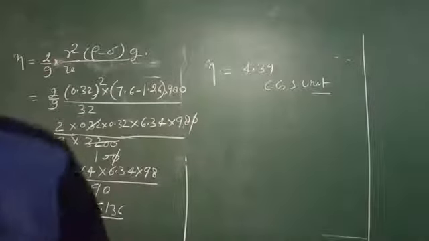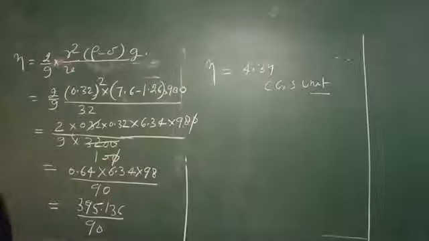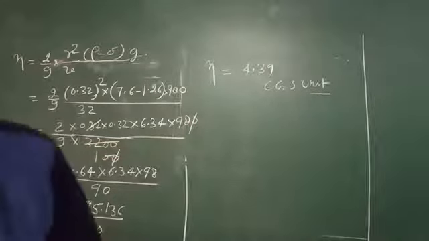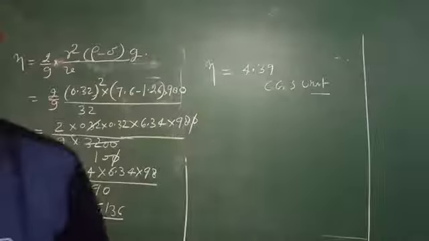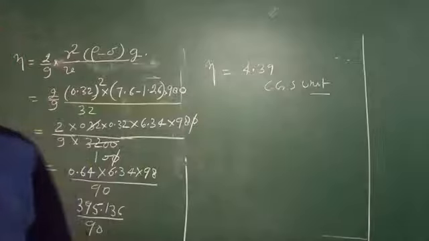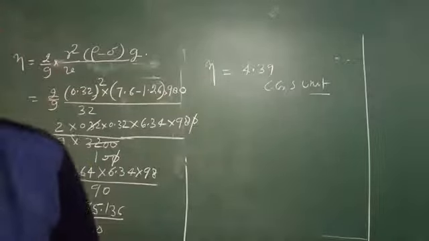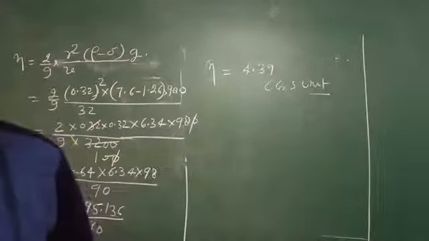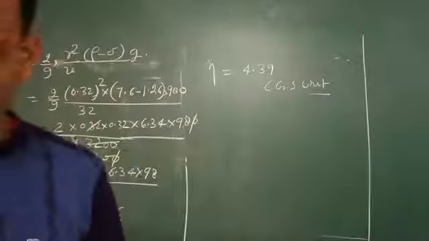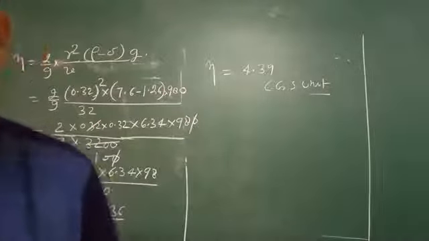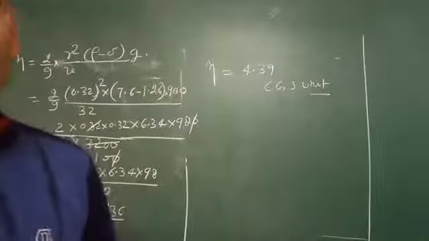So first you will write your aim, then apparatus required, observations. You can note down the observations. Least count of the stopwatch is 0.5 seconds. Least count of the radius of the jar is 1 mm, and least count of the screw gauge is 0.01 millimeter.